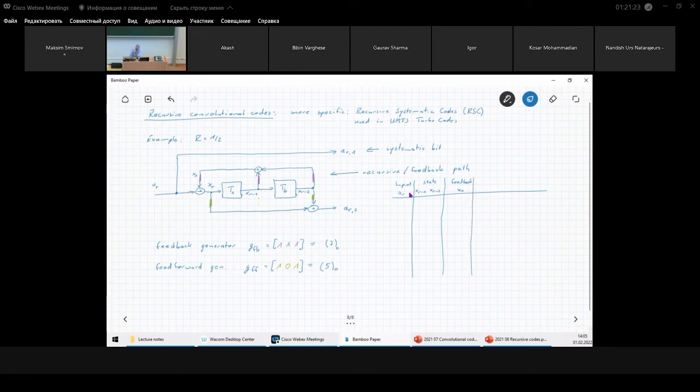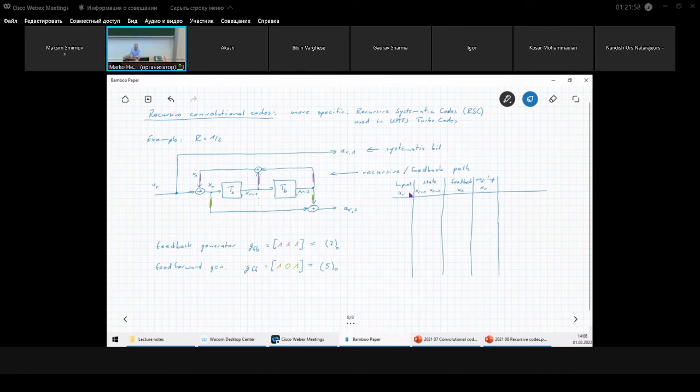We will need the register input x(r). For the start, let us better draw more columns to make it more clear. So we have input, we have state, we have feedback, we have the register input.